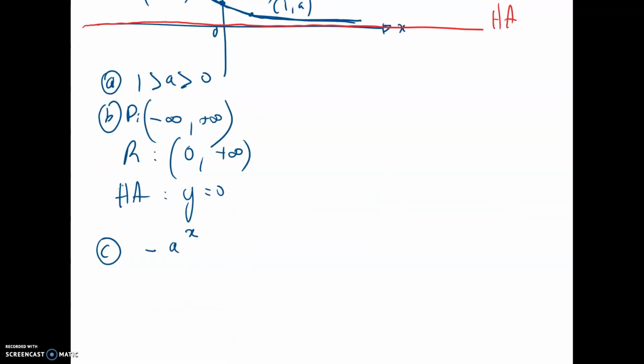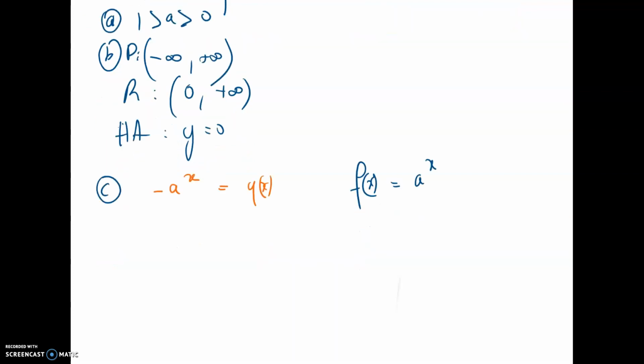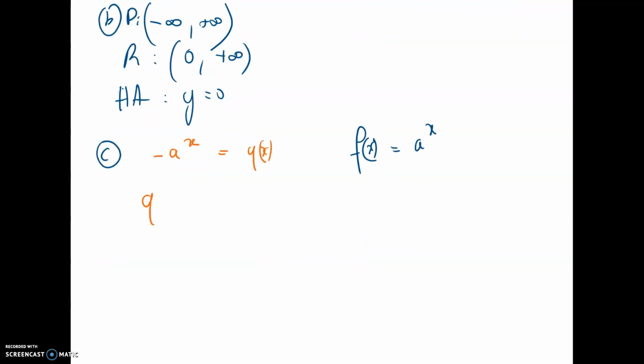Well, remember that I'm going to represent that in orange, and if I call this g of x, and f of x is equal to a to the x, I can definitely say that g of x equals negative f of x.